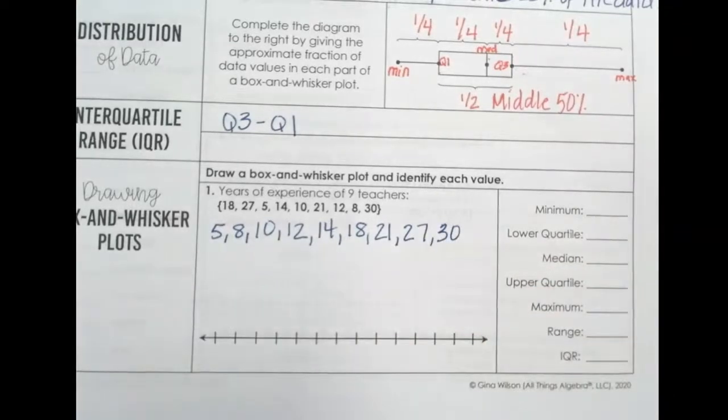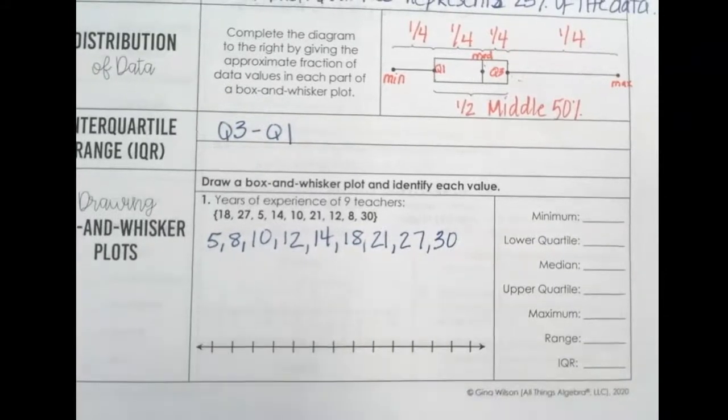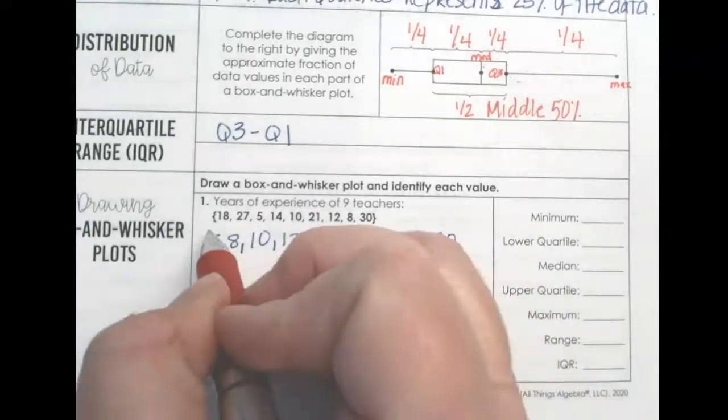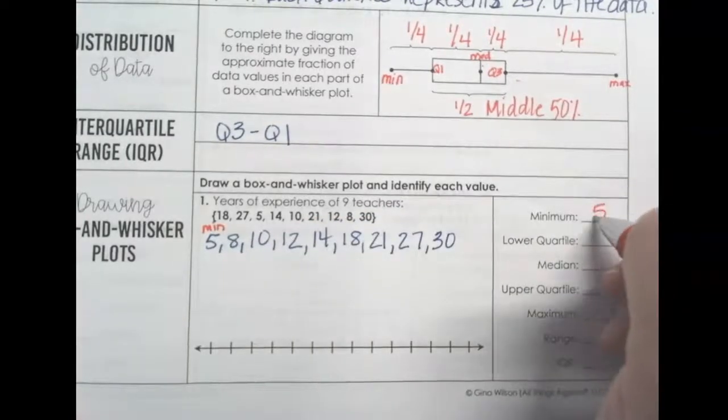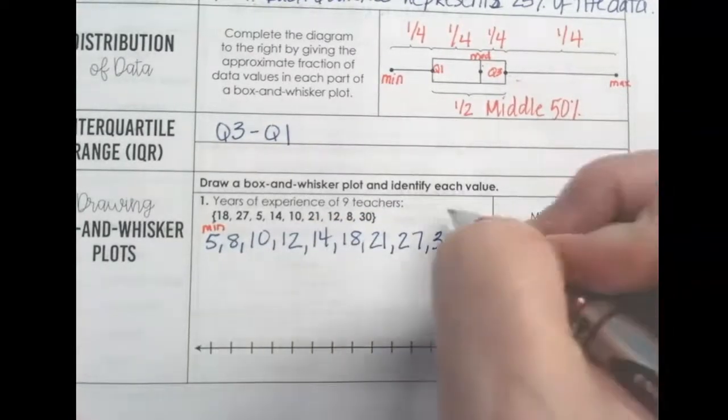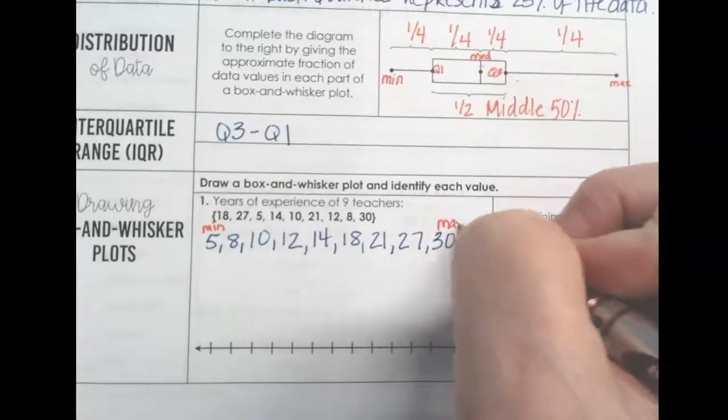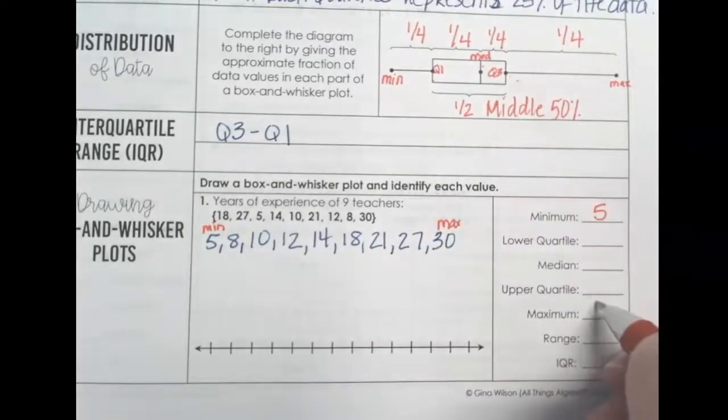Okay, so the minimum is easiest. So let's get our 5 numbers. So here's our minimum. So I'm going to put them over here. Our maximum, that's our biggest number. He's pretty easy. So find your maximum and put that number there.